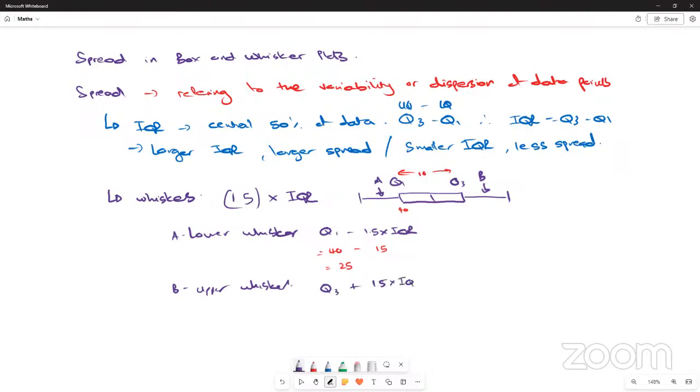So if Q3 is, let's say, 65, we would take 65 plus 15, and that would become 80, and that would be my bounds, you could call it, upper bound and lower bound. And now, the significance of this is that whiskers help to visualize the spread of the data outside of the quartiles.